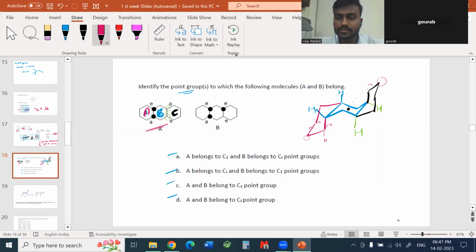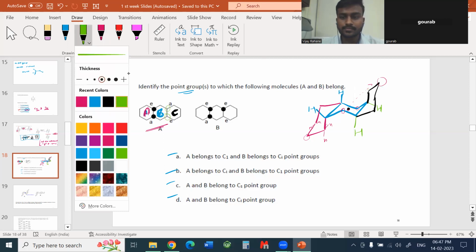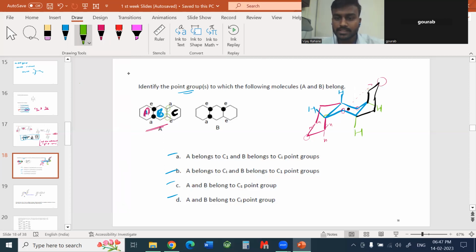In a similar direction here there is CH2, and here also CH2. All the other carbon atoms are exactly opposite to each other. You can visualize all these centers. They are exactly opposite to each other, right? So it has the center of inversion.